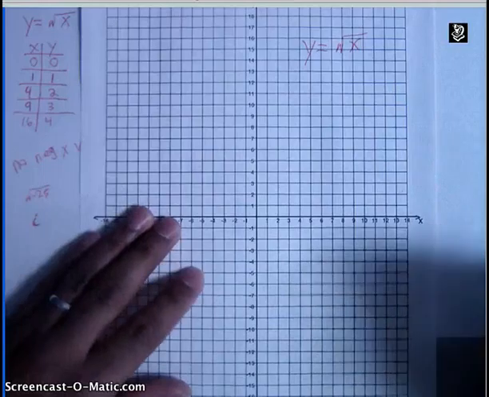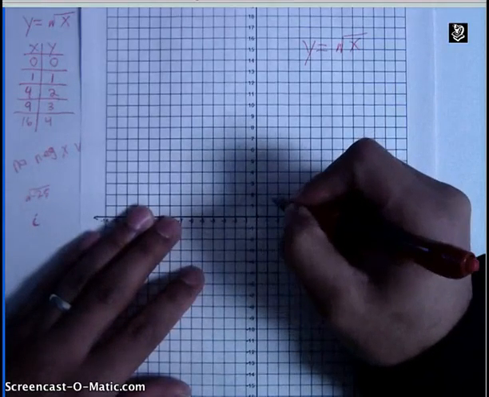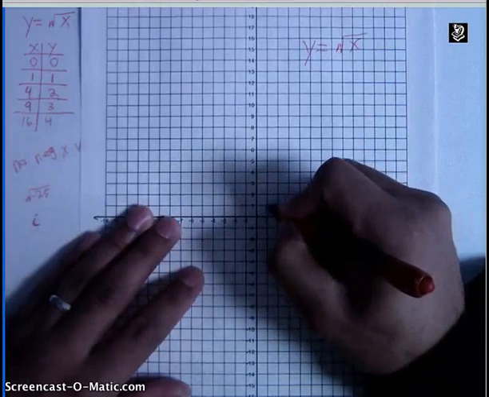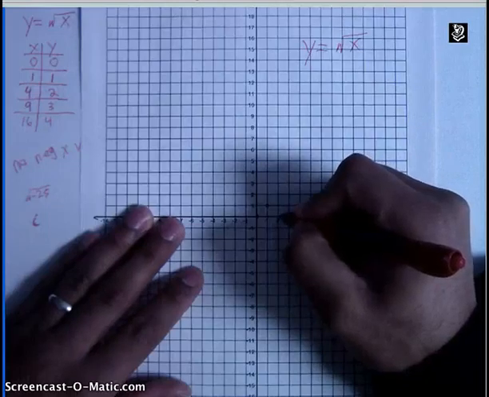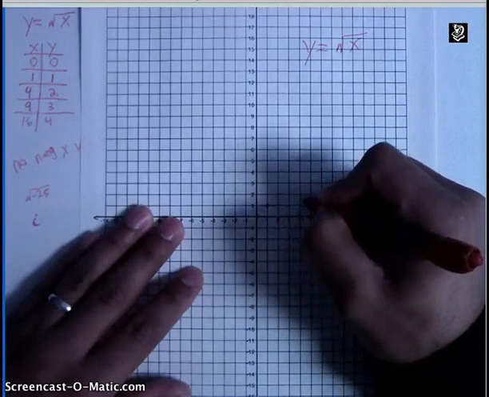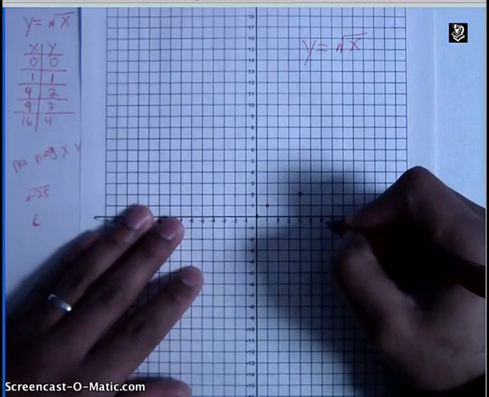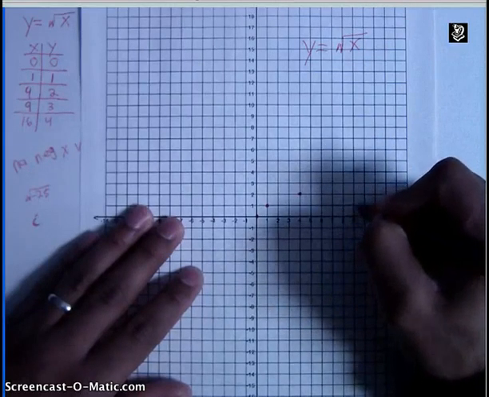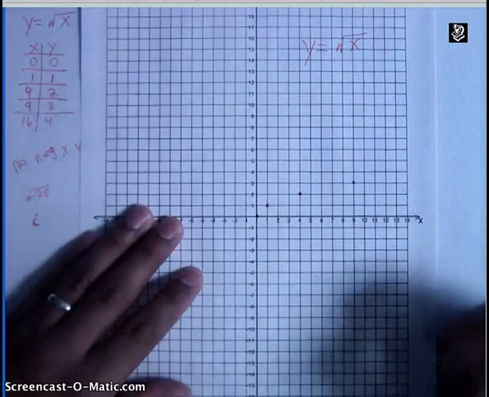And so now we're just going to graph 0, 0. We're going to go over to 1, 1. Got to go over to 4, 2. We got to go over to 9, 3. And then we don't have 16, but that's all right. We don't have to graph that far.